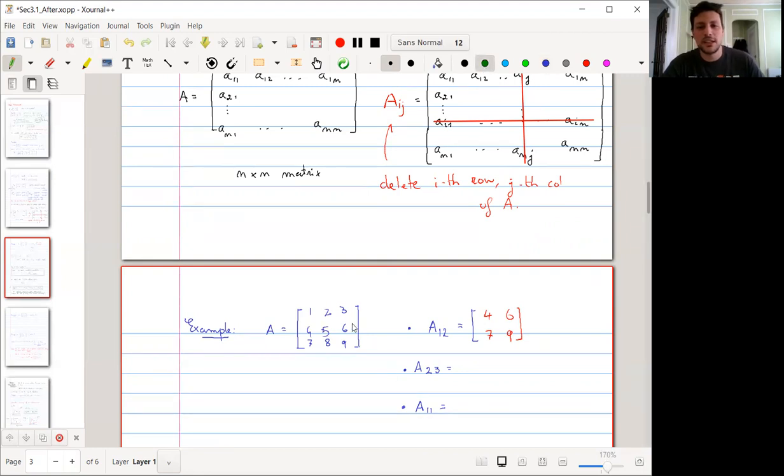A23 is the matrix I get by erasing the second row and the third column. In other words, it's 1, 2, 7, 8. A11 is the matrix obtained by erasing the first row and the first column: 5, 6, 8, 9.